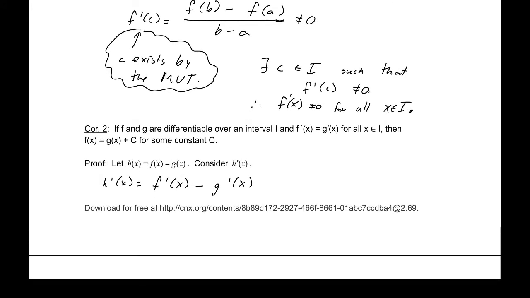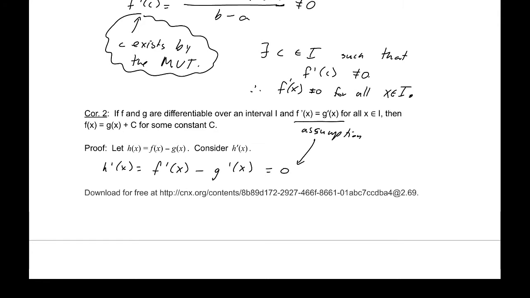And we are going to say that is equal to 0 because we have this assumption. By that assumption, f prime of x minus g prime of x must equal 0.